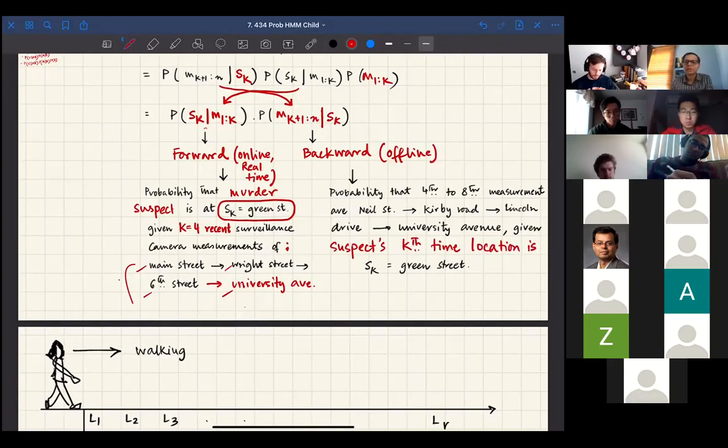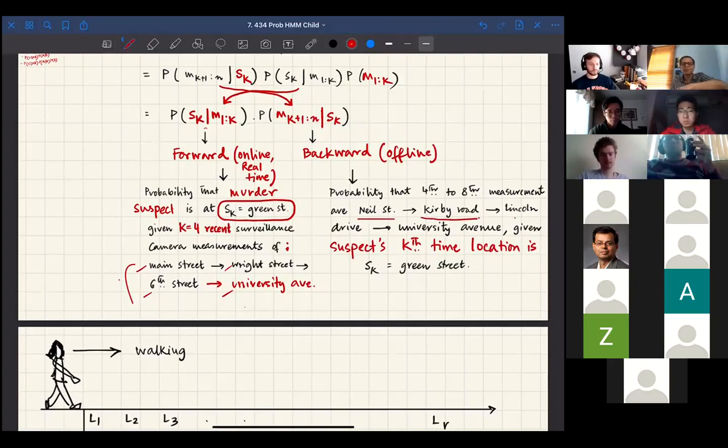That looks weird because from the kth time to the k plus 1th time, he drove from Green Street to Neal Street very quickly. And then he went to Kirby Road and Lincoln.